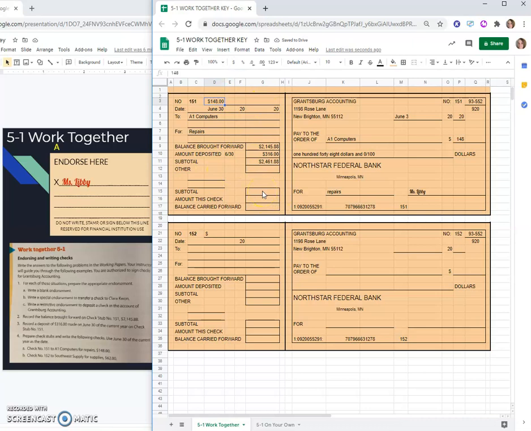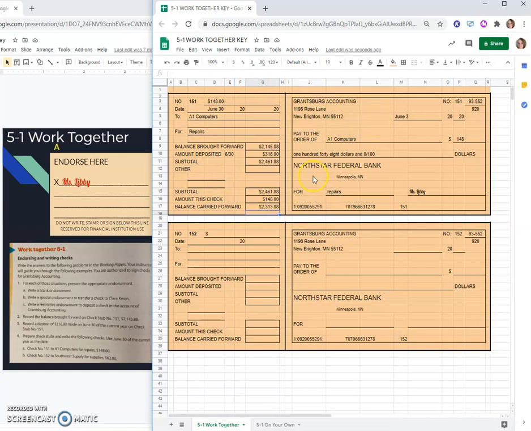Okay, so now we need to take our subtotal down. This amount here, so equals that. Amount this check, equals that number up there. And then our new amount to carry forward is $2,461.88 minus the $148, $2,313.88. So now this check stub is finished.